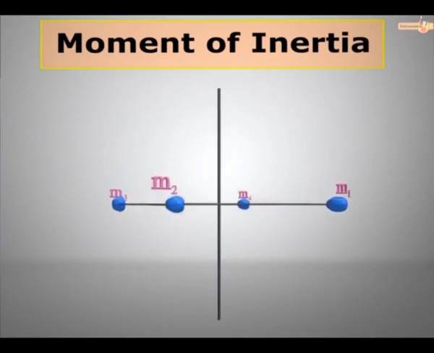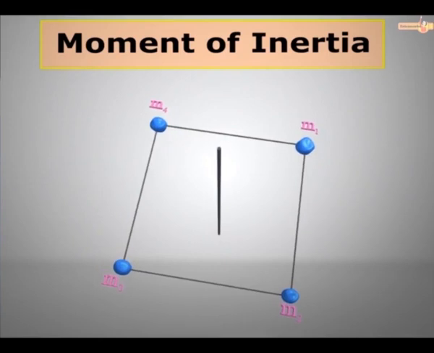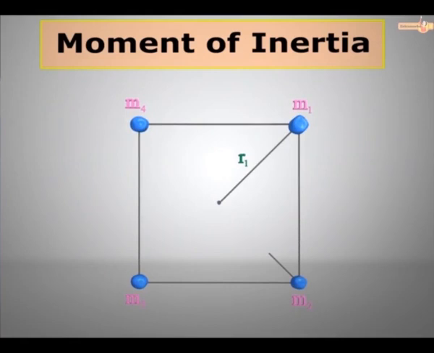The moment of inertia of a system of 4 particles is given by I equals m1 r1 squared plus m2 r2 squared plus m3 r3 squared plus m4 r4 squared, where the distances r1, r2, r3 and r4 are the perpendicular distances of m1, m2, m3 and m4 from the axis of rotation.